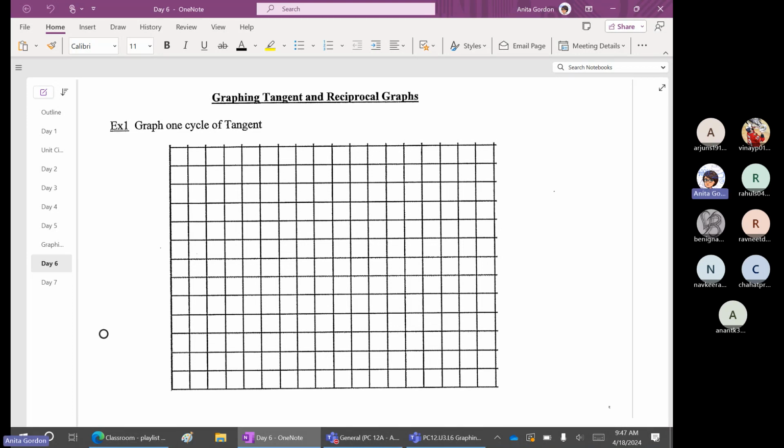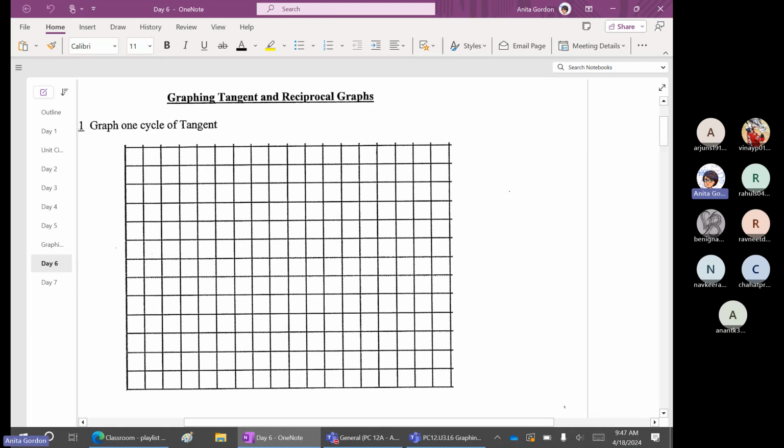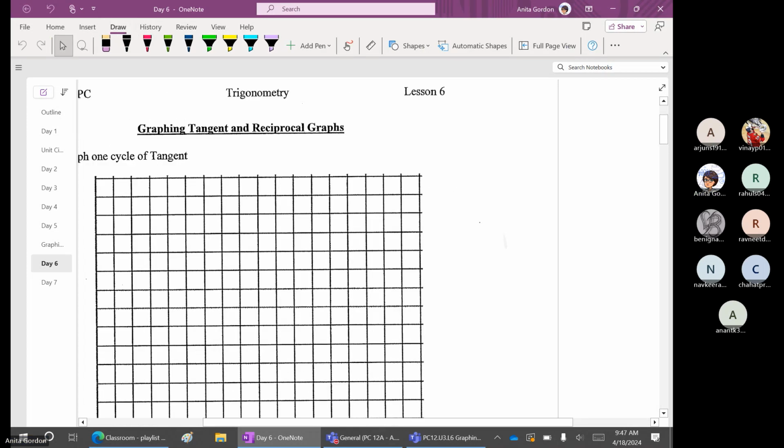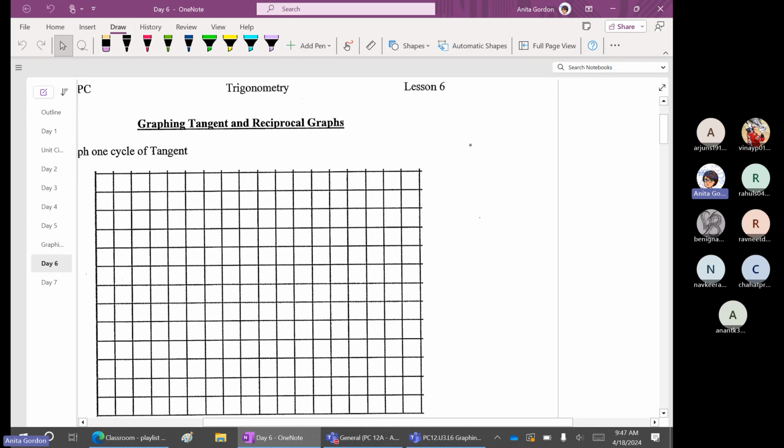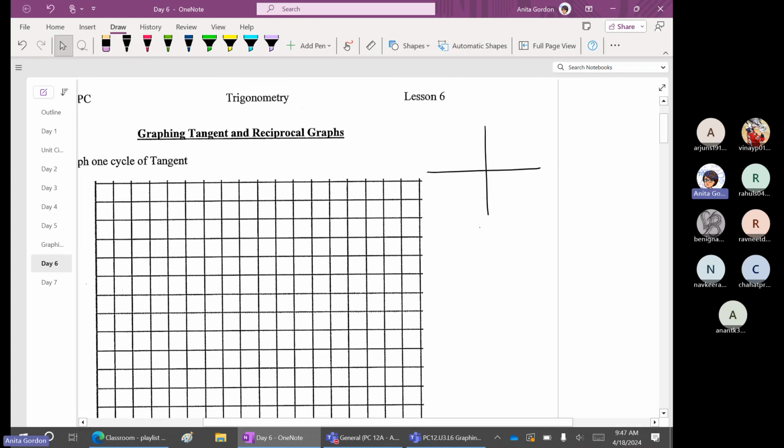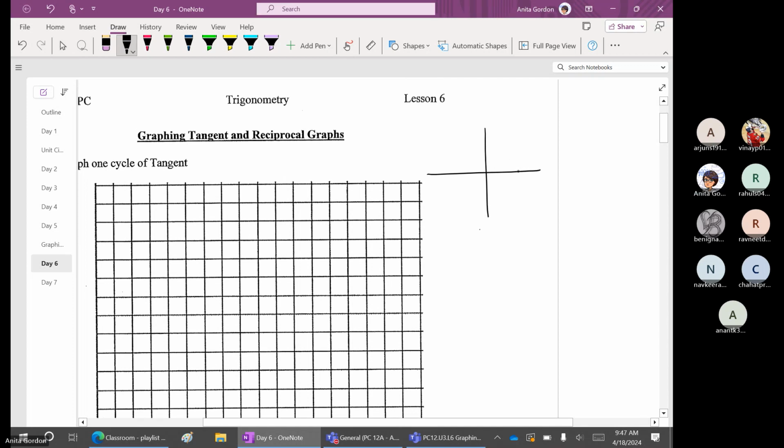So far, we have done sine and cosine. In order to graph tangents, there's a couple of things we need to remember. Let's draw some notes here on the side of our page. In your current workbook, this is the lesson right before the word problem.